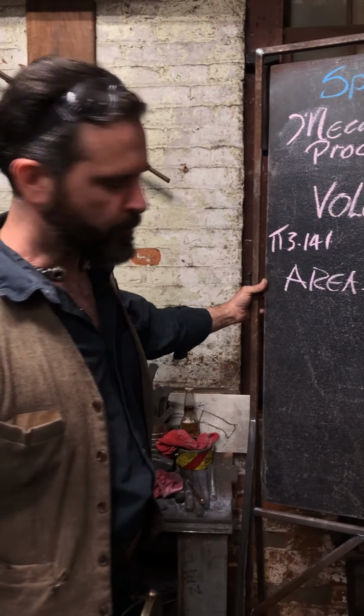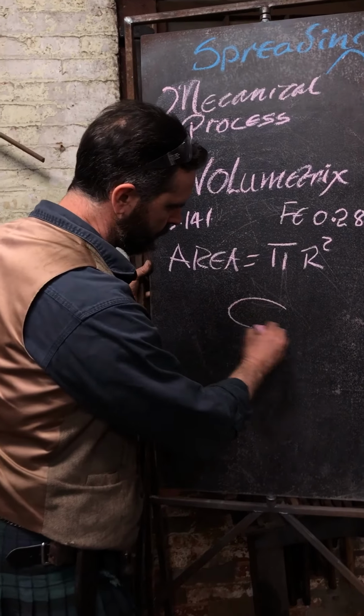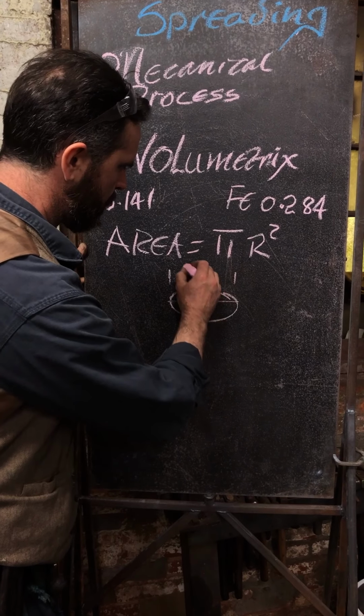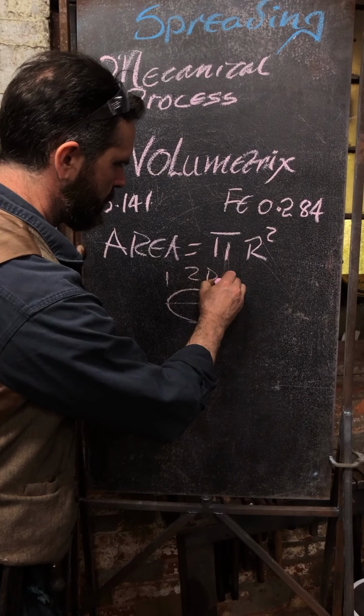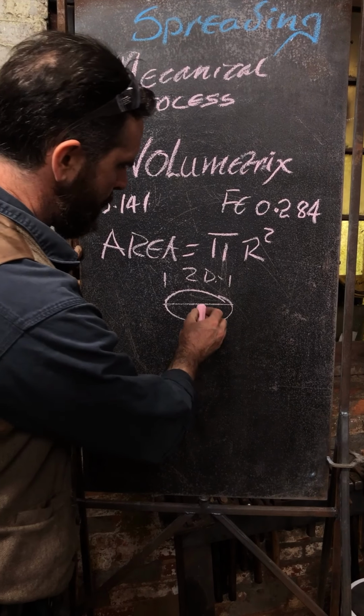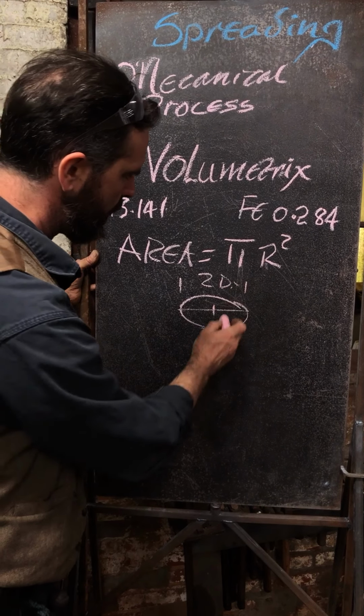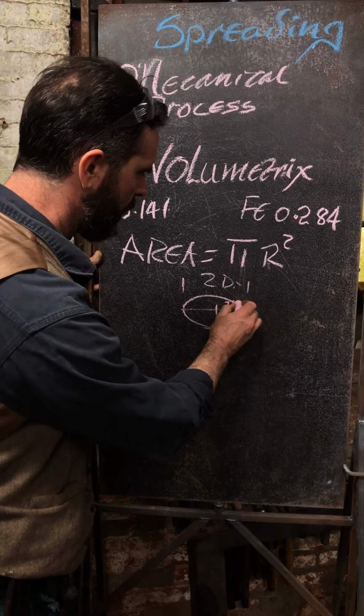So this piece of material is 2-inch diameter, which radius, being the r, is 1 inch.